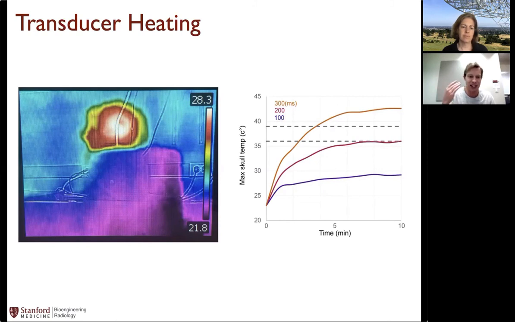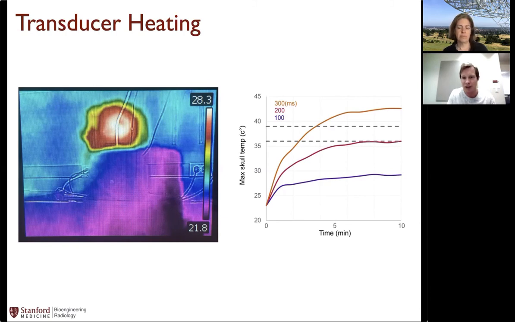I cleared it out, and I took a thermal camera. On the left-hand side here, you're looking at a thermal image of the inside of the skull while I am passing a high voltage across my piezo, something like 100 volts alternating current. And here you can see that it's at 28.3 degrees Celsius at this time.